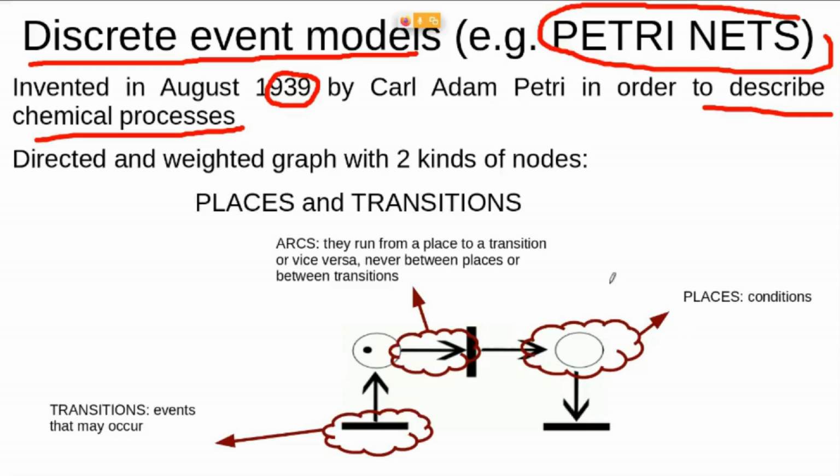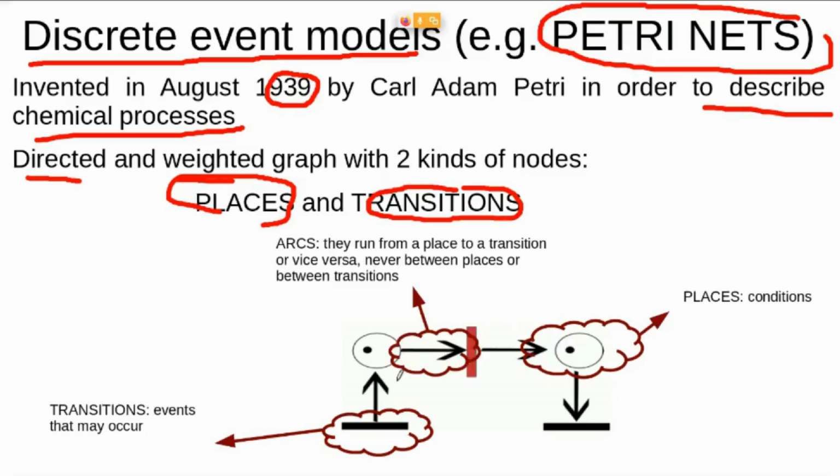These kinds of models are directed and weighted graphs, and they have two kinds of nodes, places and transitions. Some of you will be reminded of the state machines when you dealt with digital systems, okay?